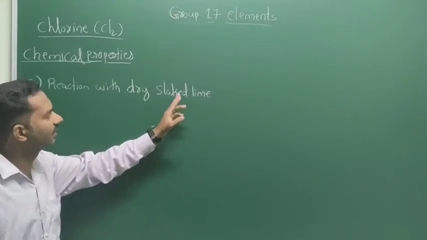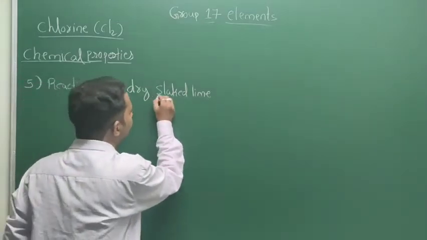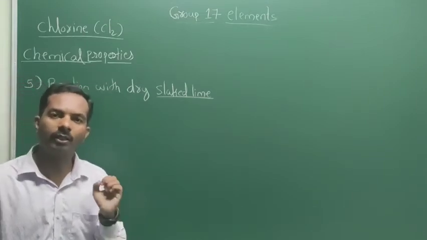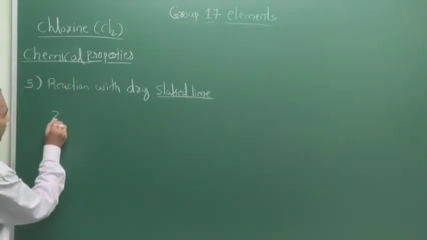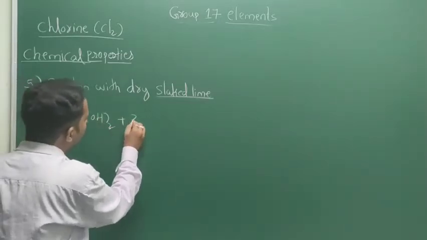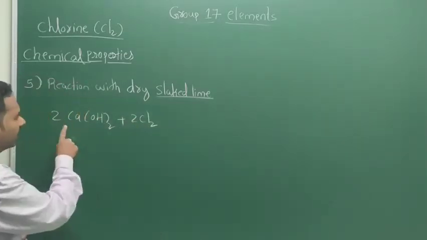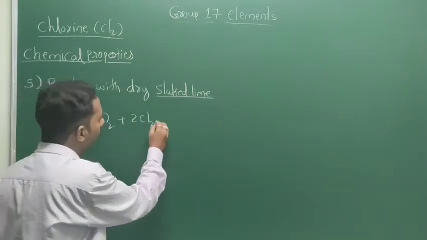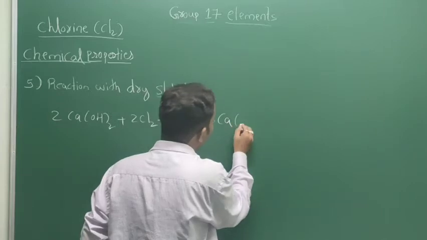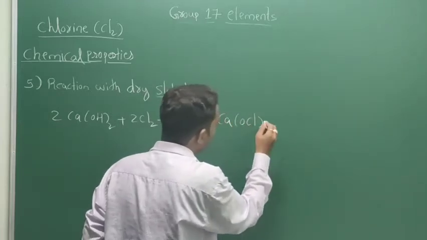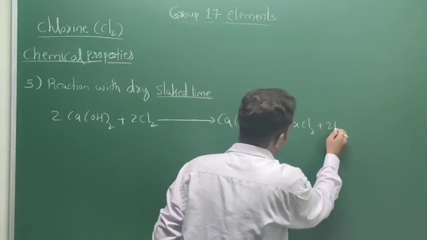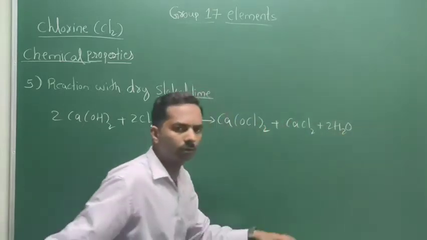Fifth one, reaction with dry slaked lime. So here slaked lime means nothing but calcium hydroxide. So here calcium hydroxide reacts with chlorine to form calcium oxychloride along with calcium chloride.